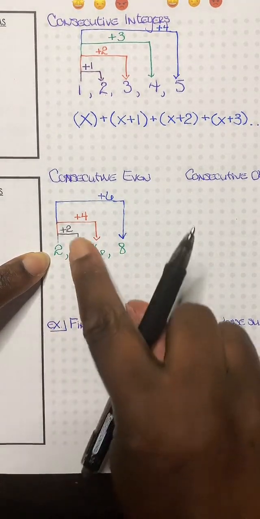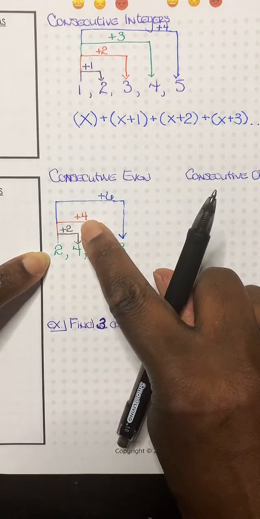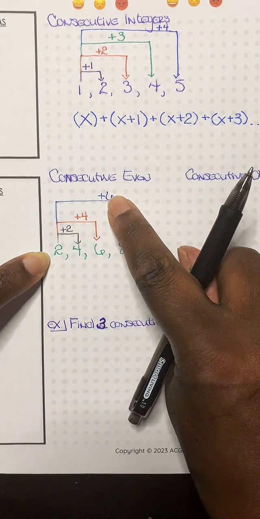If I look at it, here's my pattern: +2, +4, +6.